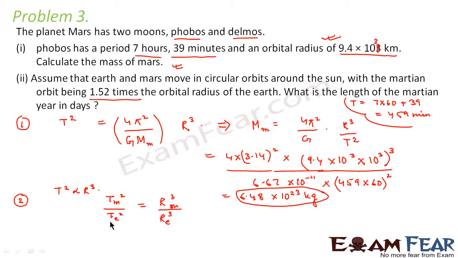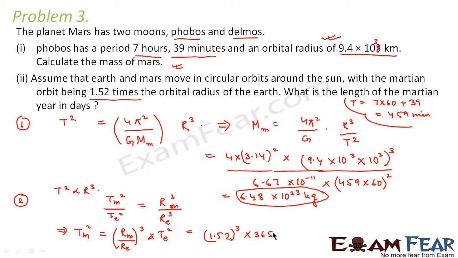From here I can say Tm square is equal to Rm by Re whole cube into Te square. Now in this, the question Rm by Re is given as 1.52. So this is 1.52 whole cube into time period for Earth, that is Te, is 365 days.